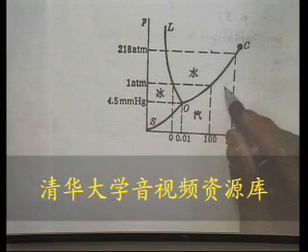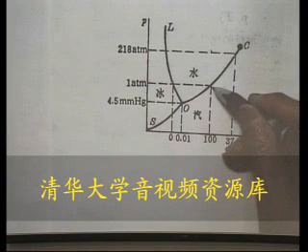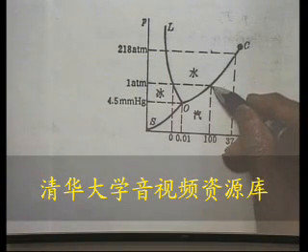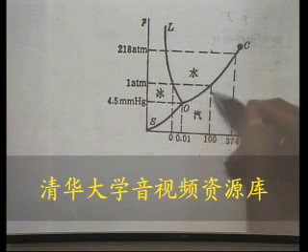So at this point you have a vapor. Now you cool it. At this point, at 100 degrees, it condenses into water. If you further cool it, it will go into the phase of water. So this is called a phase diagram.